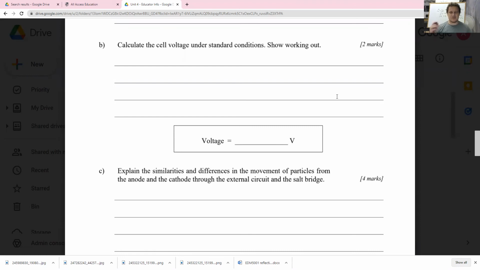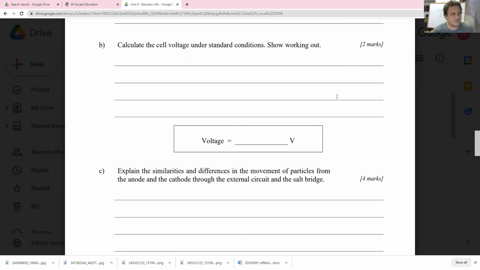So where are the electrons flowing from? The electrons are flowing from zinc.